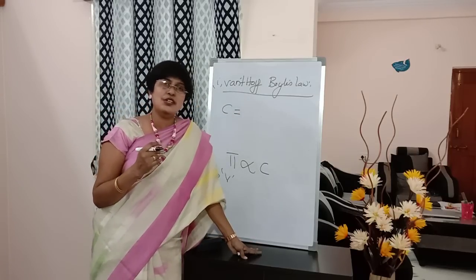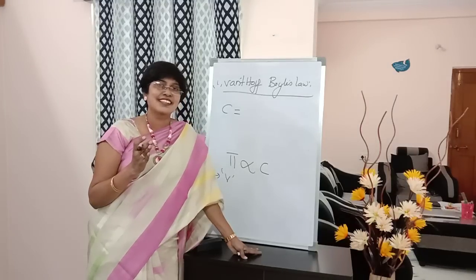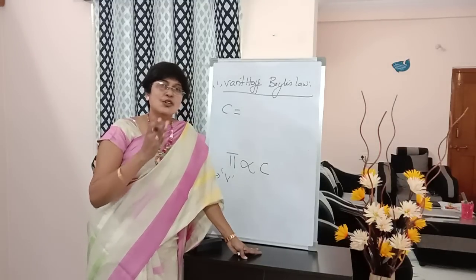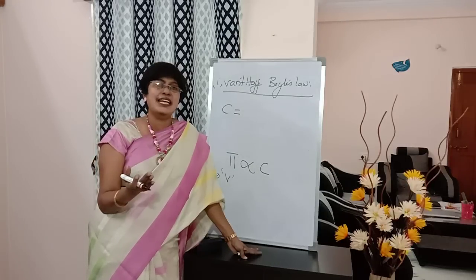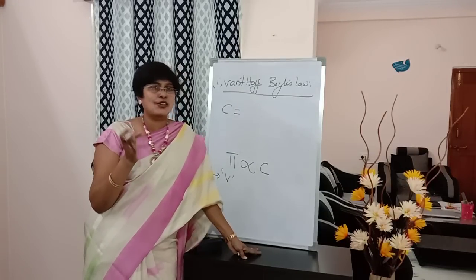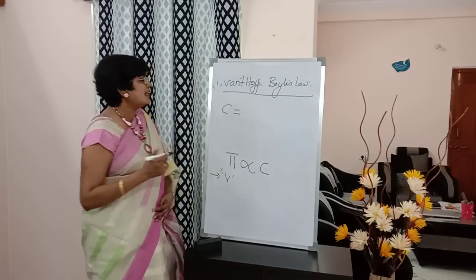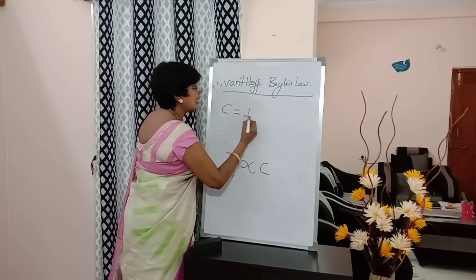Number of moles of solute is 1 and volume of the solution is capital V. So, 1 mole of the solute is dissolved in V liters of the solution. So, now C will be equal to 1 by V.